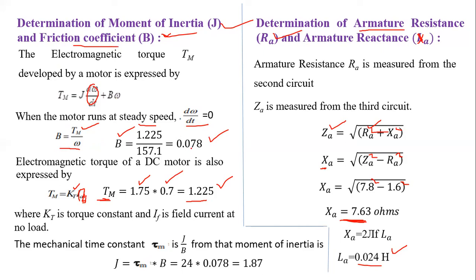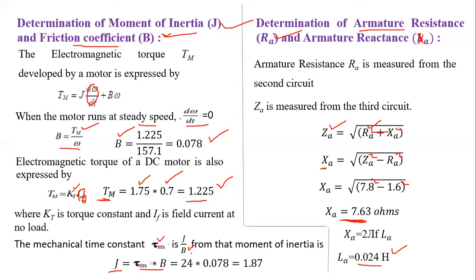And now we need to calculate the moment of inertia J. This one we calculate from the mechanical time constant. The mechanical time constant Tm is equal to J by B. Now we know the Tm value, we know the B value, so the moment of inertia J is equal to Tm into B. Tm is the mechanical time constant: when we run the motor at rated speed, suddenly turn off the supply and check how much time it takes to come to 0.